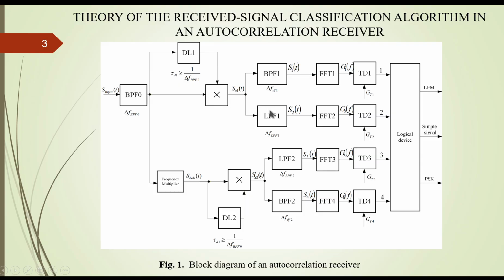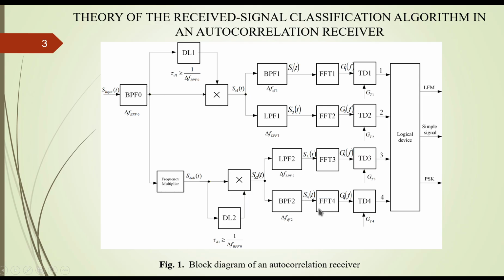Extract the low frequency component and the component at the differential frequency in the resulting spectrum. Double the frequency of the received signal. Multiply the signal with its delayed copy.